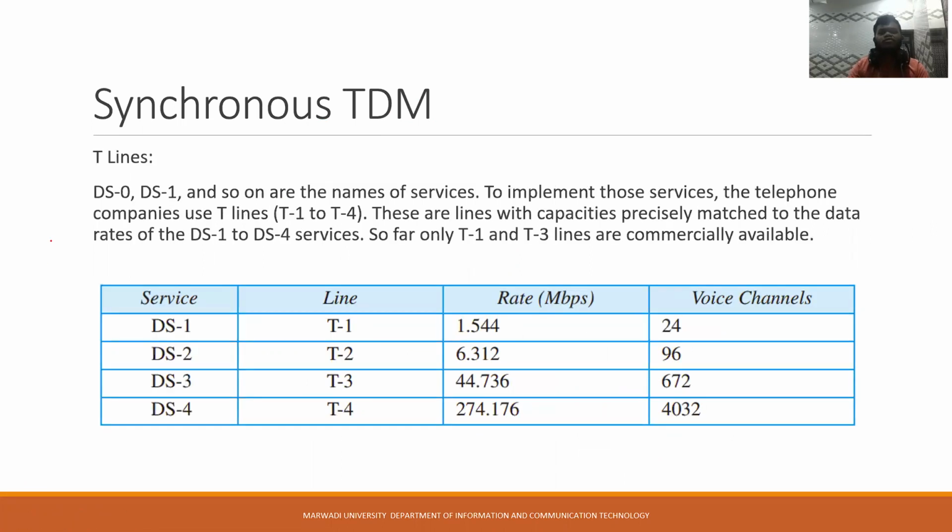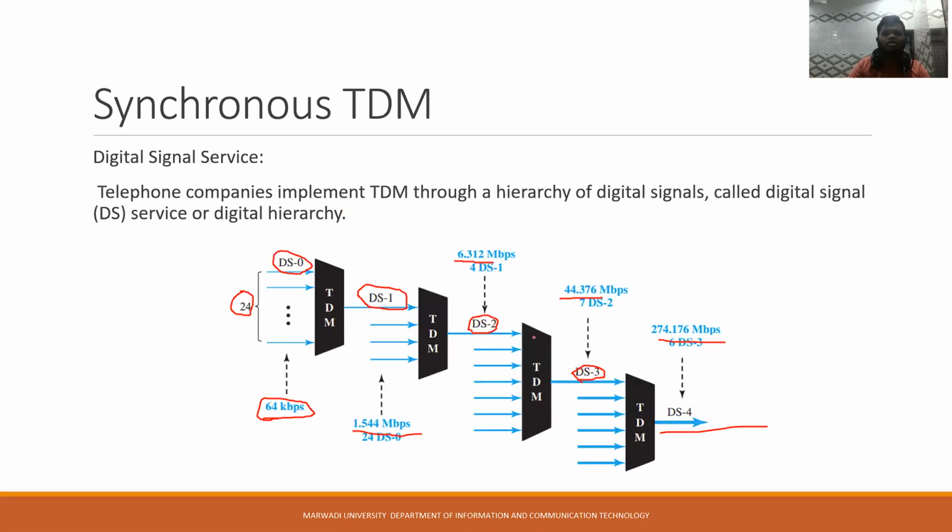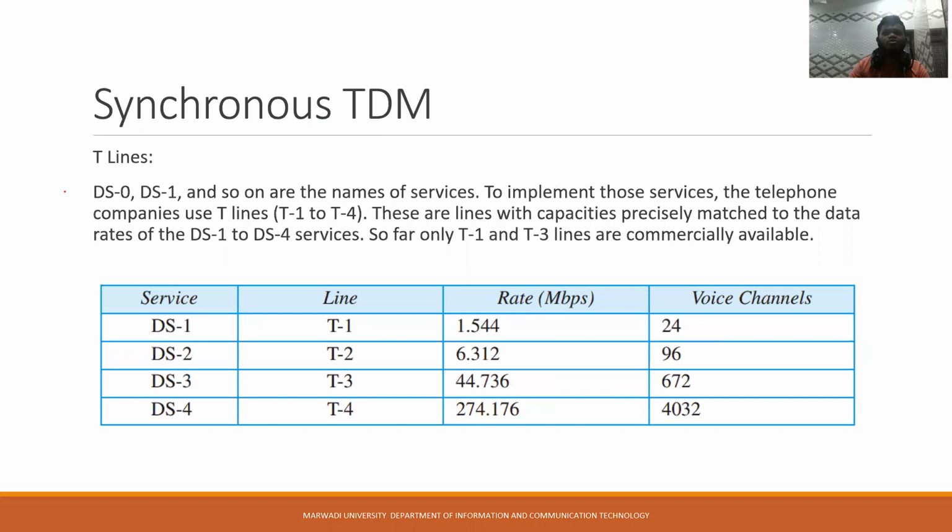Then we have T lines. What we saw here, DS0, DS1, DS2, DS3, are just the names of the services. For implementation of such signals, the companies use something called T lines. So T lines are used for implementing all these digital signals.